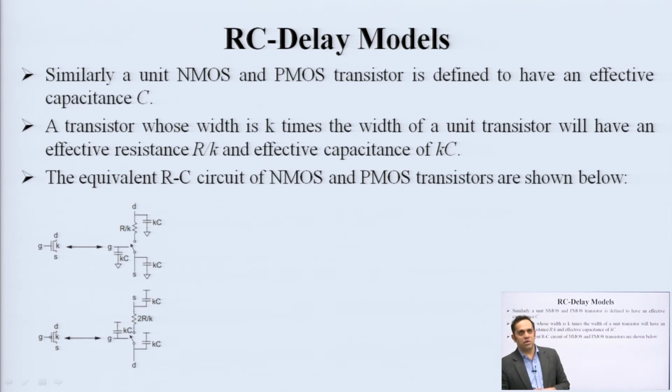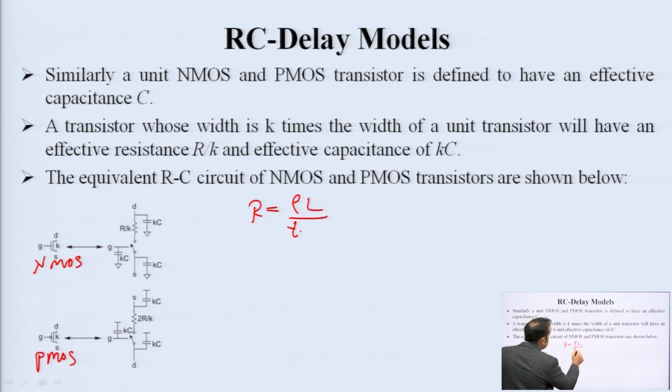The figure shown on your slide is actually of a PMOS. First, this is an NMOS, so you have an NMOS symbol and a PMOS symbol. You have a resistance here divided by K, because your resistance is rho L by thickness times width.